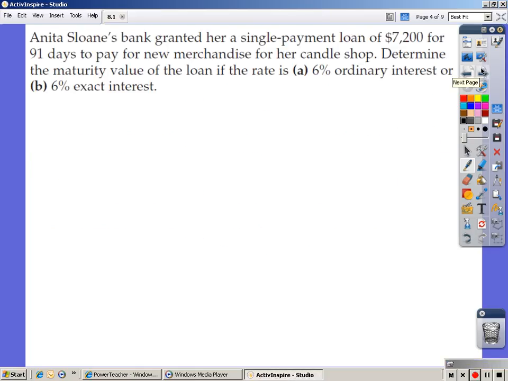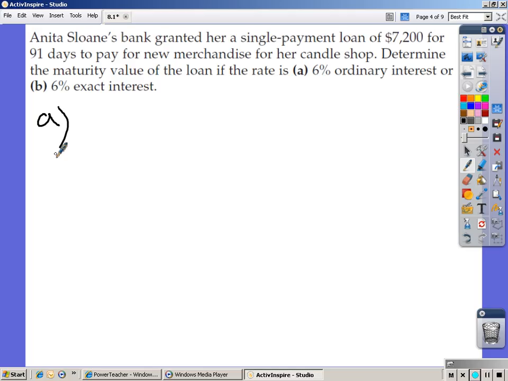Okay. Anita Sloan's bank granted her a single payment loan of $7,200 for 91 days to pay for new merchandise for her candle shop. Determine the maturity value of the loan if the rate is A, 6% ordinary interest, or B, 6% exact interest. Okay, so let's do A first. We need to find the interest, then we can find the maturity value.